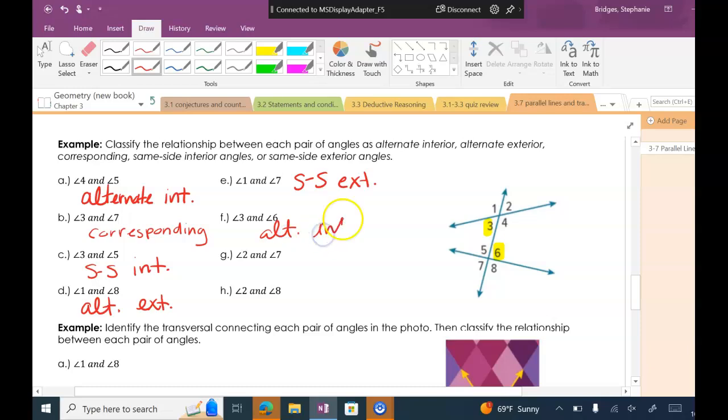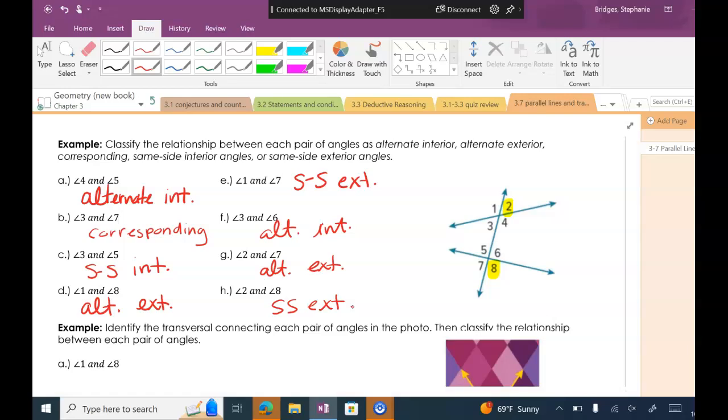Yep. Two and 7. Alternate exterior. Yep. And then 2 and 8. What are those? Same side exterior. Everybody okay with those? Okay.